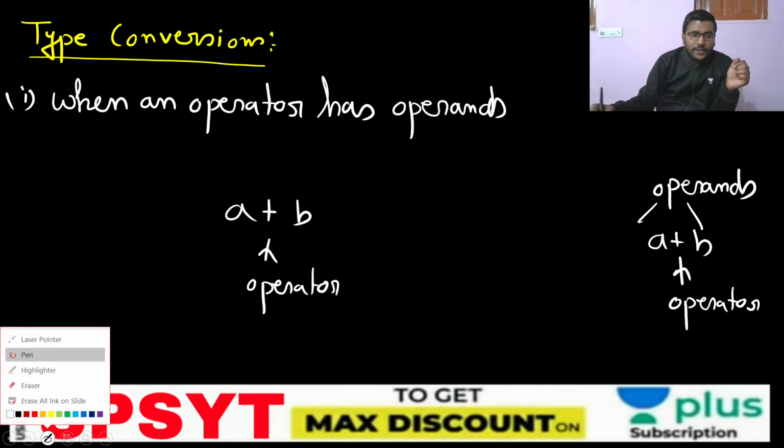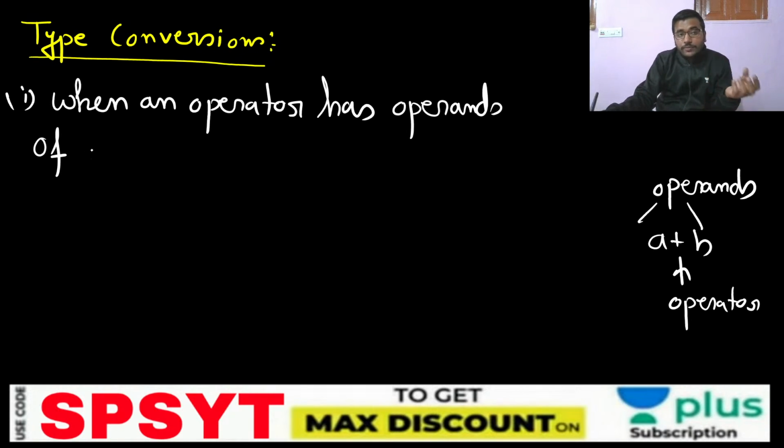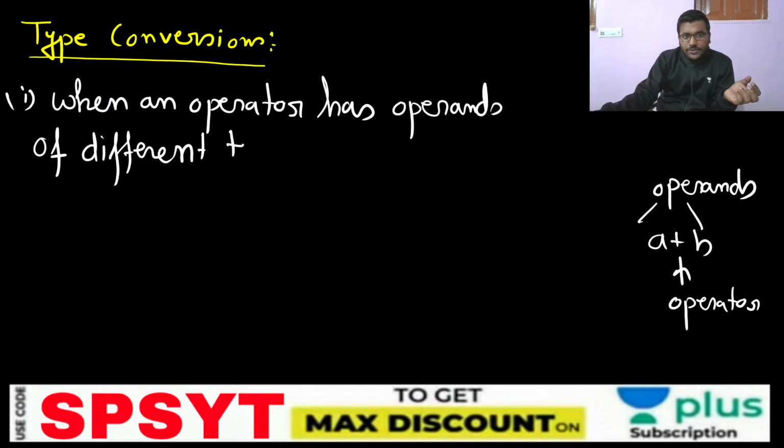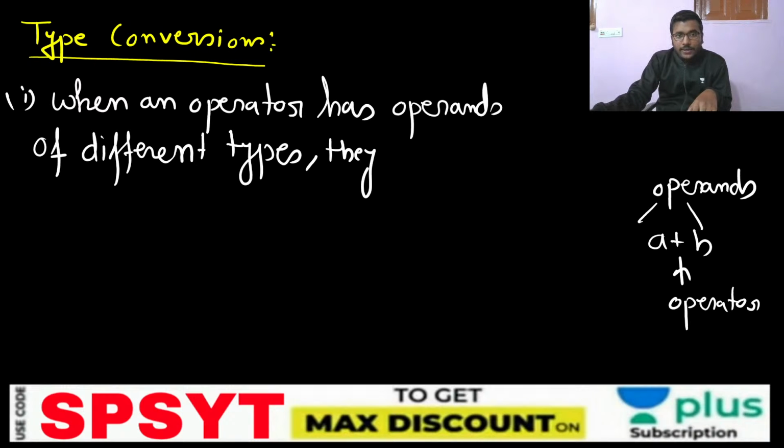So when an operator has operands of different types, for example one is int and another is float, then type conversion is going to happen.